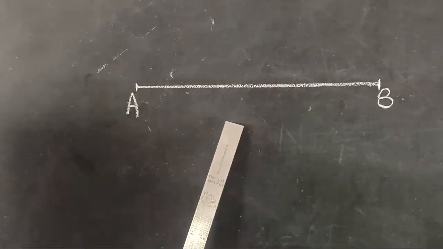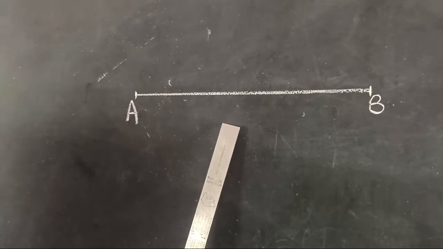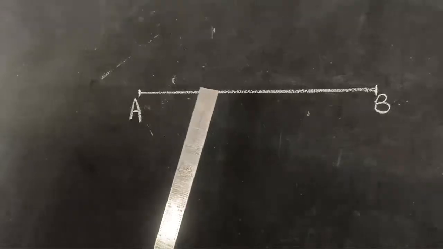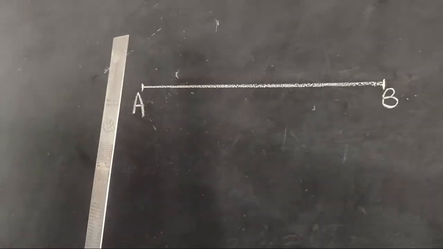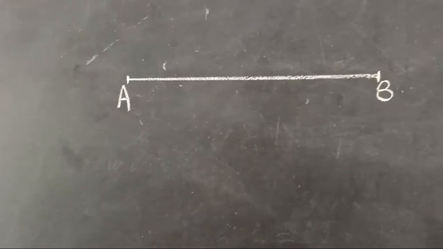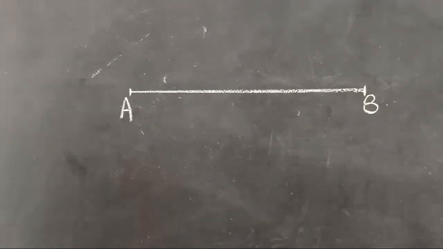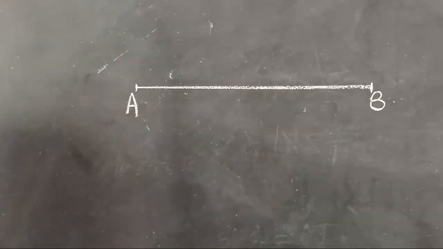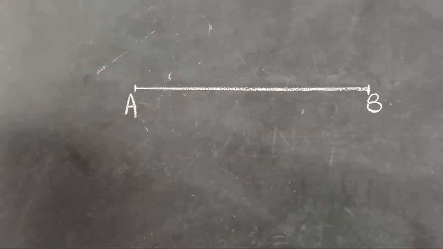We draw here a figure. That figure is called a line? Small mistake. Segment is the correct answer. And tell the name of the segment.